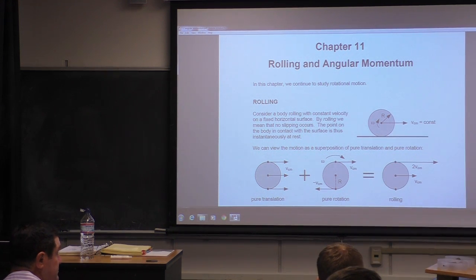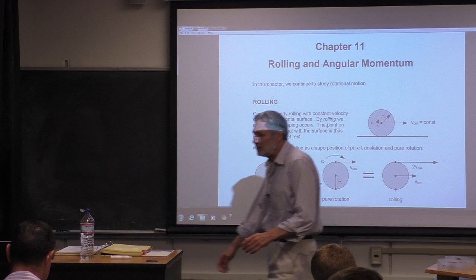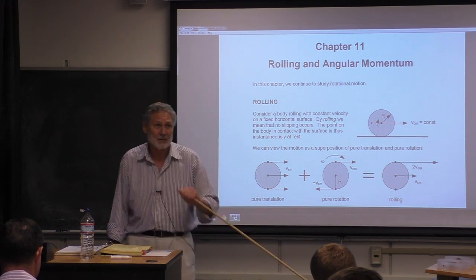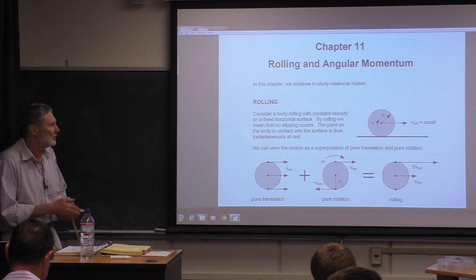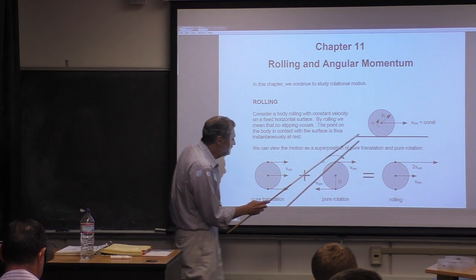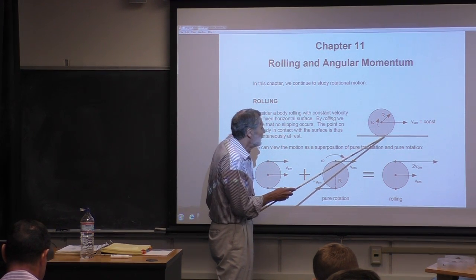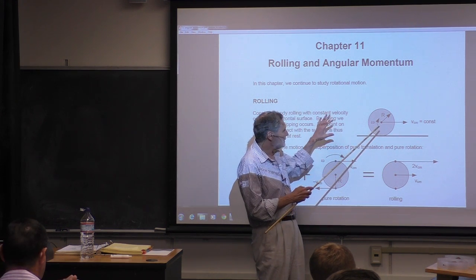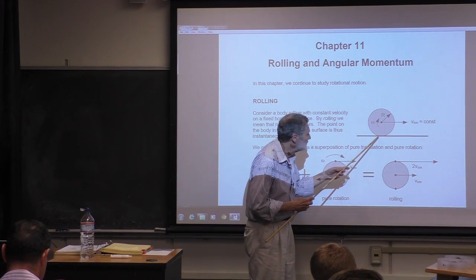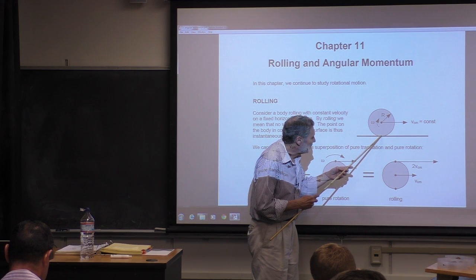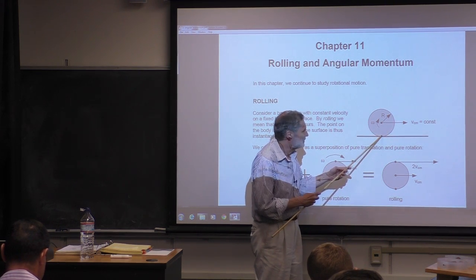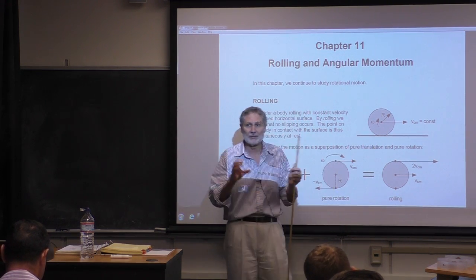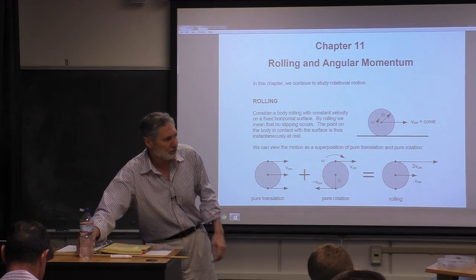And what do we mean by rolling? Well, by rolling we mean it's not slipping. And this is a key idea that you need to make sure you get here. So at any instant, you look at a snapshot at any instant of time, the bottom of this object is at rest relative to the surface. There's no relative motion.